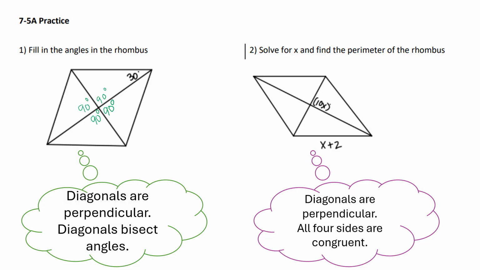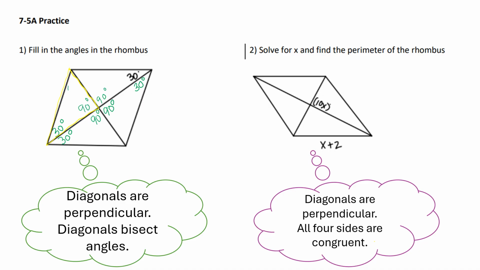Knowing that diagonals bisect the angle allows me to say, well, I know that this is 30. And then because this rhombus is a parallelogram, I can also say that these 2 angles have to be 30 degrees. And then I can look at this triangle here and say, well, in that triangle, I know that the angles have to add up to 180 degrees.